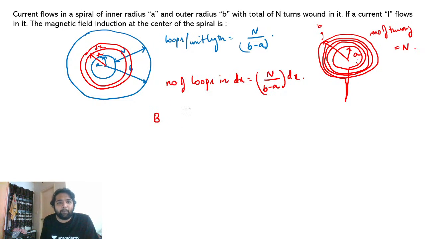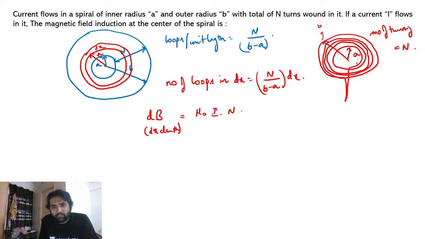Magnetic field into 2 pi x will be equal to n times the current flowing inside. So let's just solve for the loop. Magnetic field due to the small dx element will be equal to mu naught into I into the number of loops, which is n dx by B minus A.